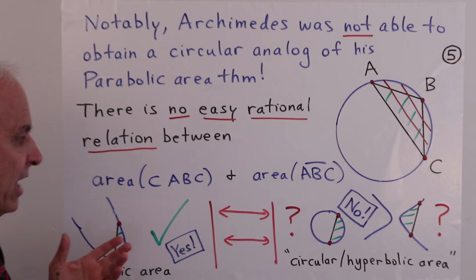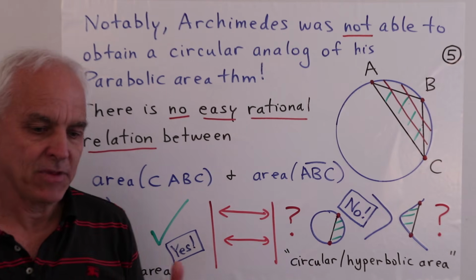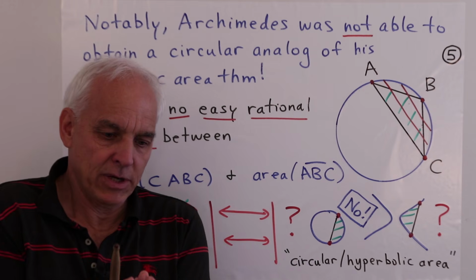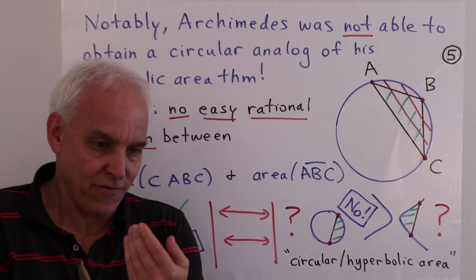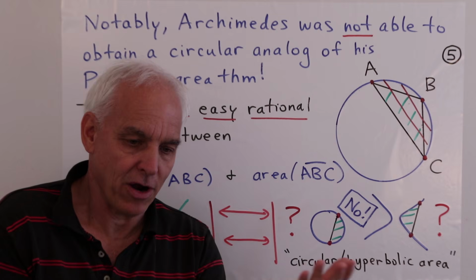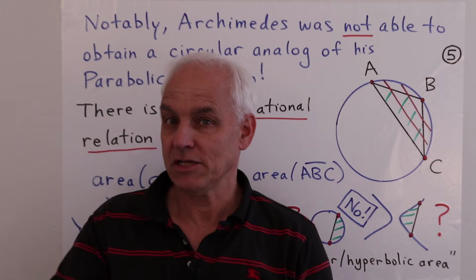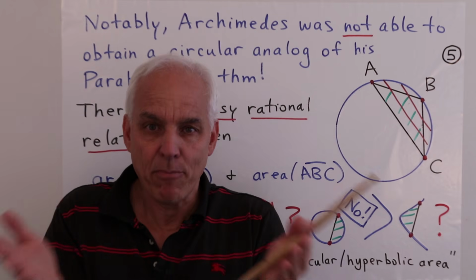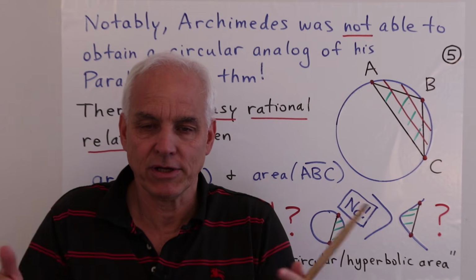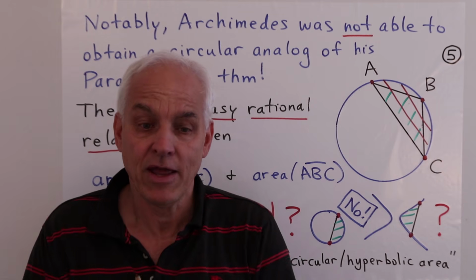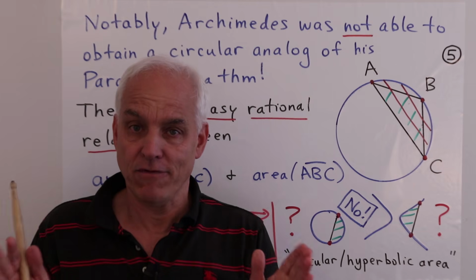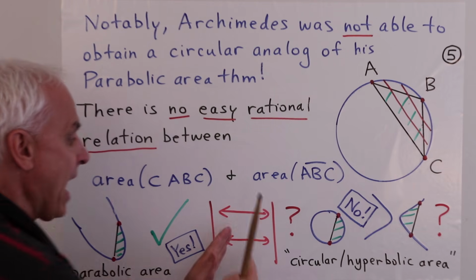Okay, and that's sort of the reality of it. The reality is that this fundamental difference between the calculation of Archimedes for the parabolic arcs and the calculation of Archimedes for the circular arcs, this separation is hugely important in the history and development of calculus and our theoretical understanding of it. Okay, so there's a gap.